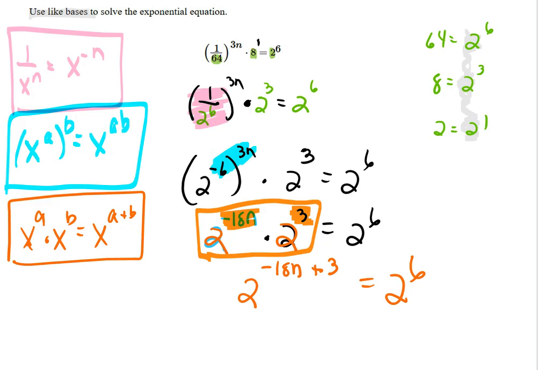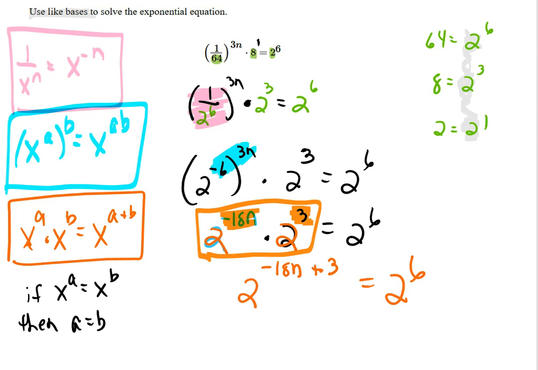And now, I can use that rule that says if x raised to the a equals x raised to the b, then a is equal to b. I just drop my bases.